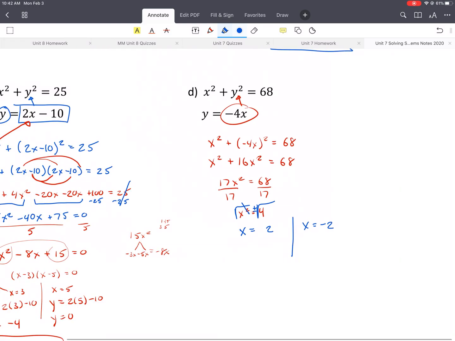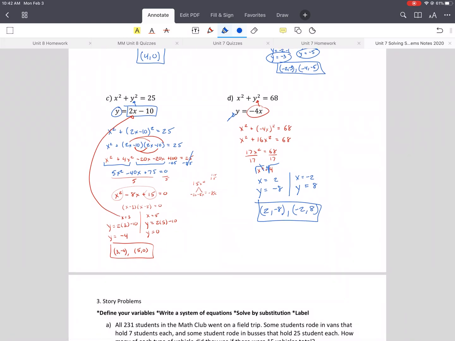We're going to plug those into our equation. So I'd use this one because it's easier. So y is equal to negative 4 times 2, which gives you negative 8. And the other one, we have y is equal to negative 4 times negative 2, which gives you a positive 8. So our solutions are 2 and negative 8, and negative 2 and positive 8.